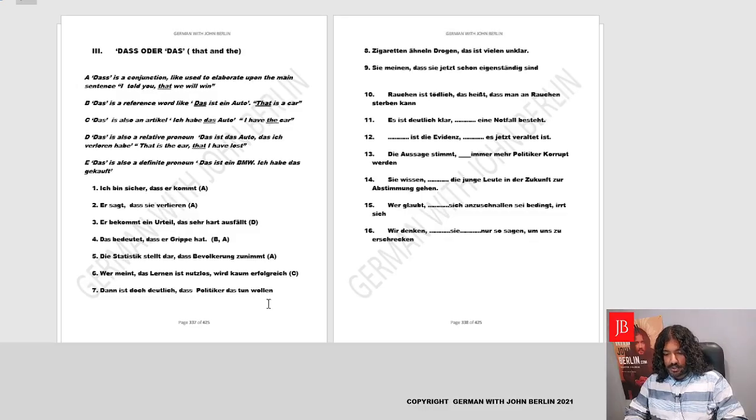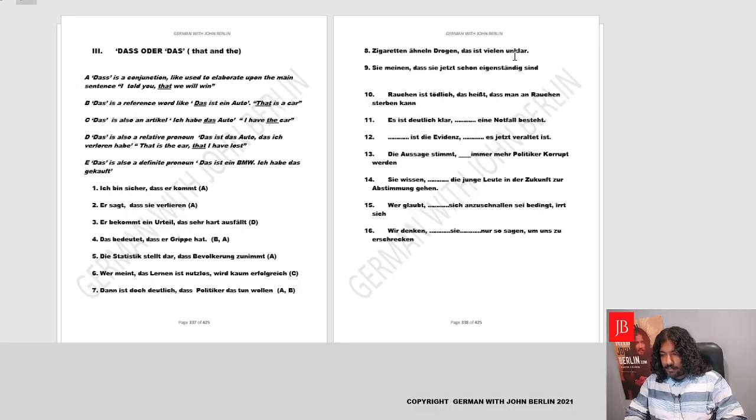Yes, so we stopped writing the letters. Let's continue doing that. Let's just go back a little. Dann ist doch deutlich, dass Politiker das tun wollen. This is a combination of A and B. So let's write A, comma B. Okay.